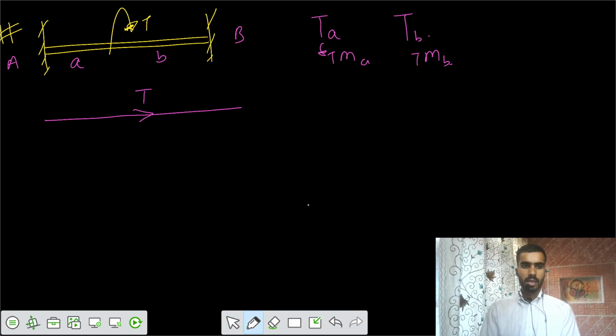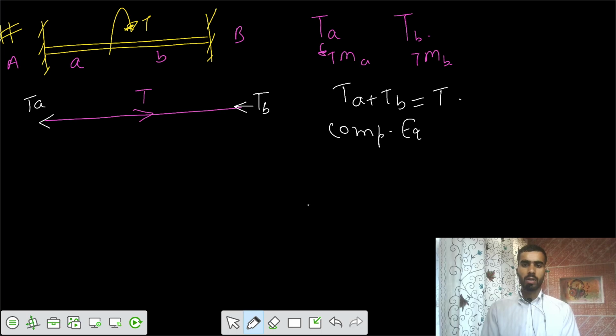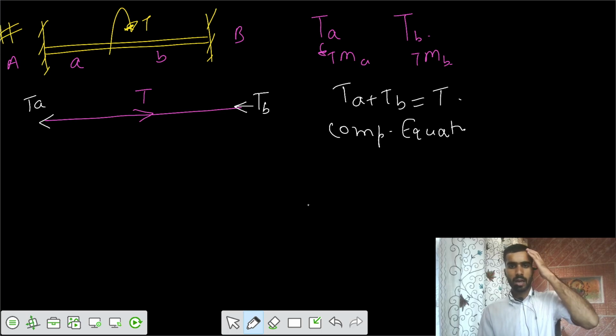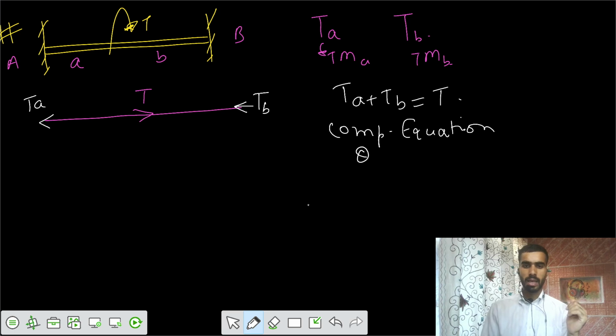We say that this one is going to resist, let's say this is some TA, and this one also resists, let's say this is TB, and we can write TA plus TB equals T. And one more thing is that we have the compatibility condition, the compatibility equation, that theta at A equals theta at B, that equals theta B with respect to A, that equals theta A with respect to B, that equals 0.